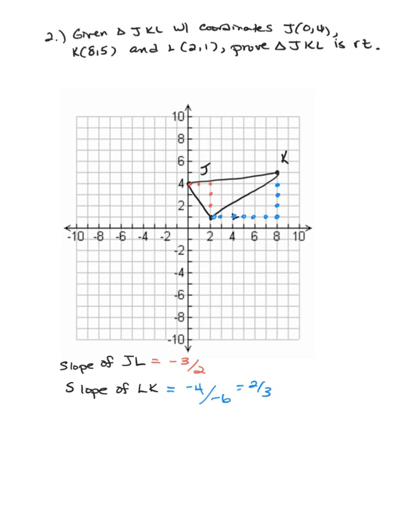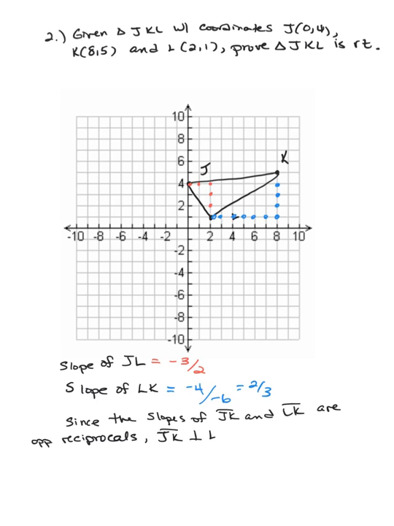Writing it out is a little bit of a pain in the neck. So what you would say is, since the slopes of JL and LK are opposite reciprocals, JL is perpendicular, that's the symbol for perpendicular, to LK.